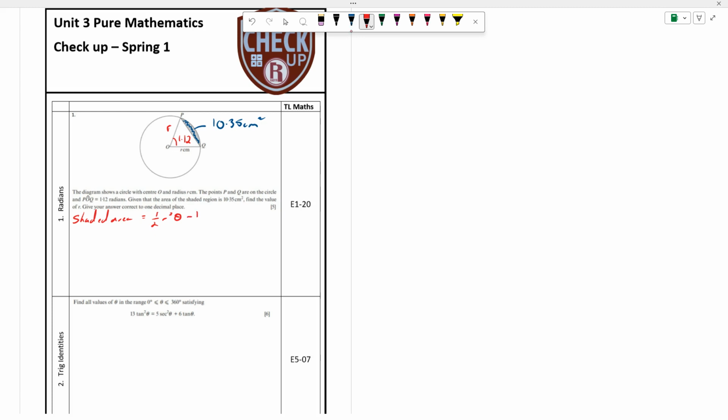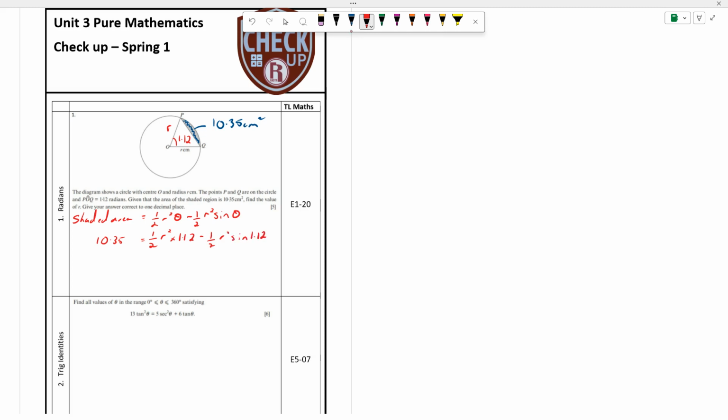Now the area of the triangle will be a half ab sine C. So a and b are both R, so that gives me R squared, and then sine C, so sine of theta. I'm just going to plug in my numbers. My shaded area is 10.35. This side here, I'm going to leave as it is for now. So I've got a half R squared times 1.12 minus a half R squared sine of 1.12.